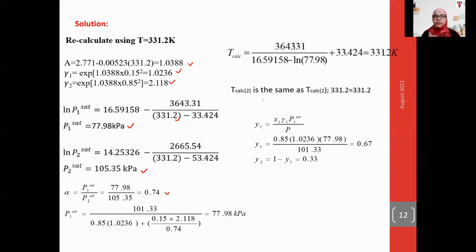And then we can determine the calculated temperature because the P saturation is given. So you may compare with the gas temperature. If the value is similar, you may stop the iteration by finalizing the temperature, and then it gives you the y2, since y1 plus y2 equals 1, so y2 equals 1 minus y1.